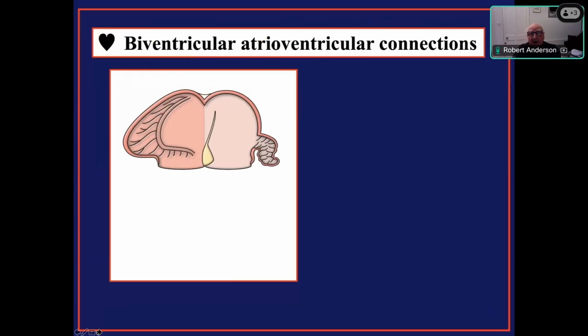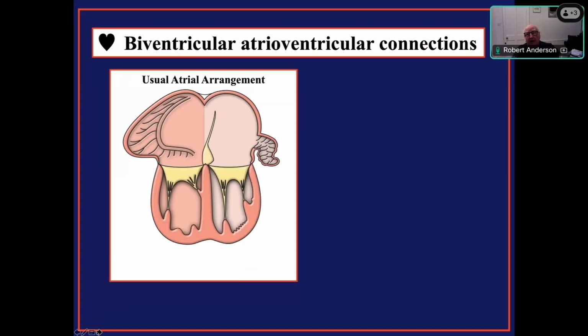But we start off by looking at what happens to the atrial chambers as they join the ventricles. And in most instances, each atrium is connected to its own ventricle. And when we have usual arrangement, almost always we have right-handed topology.